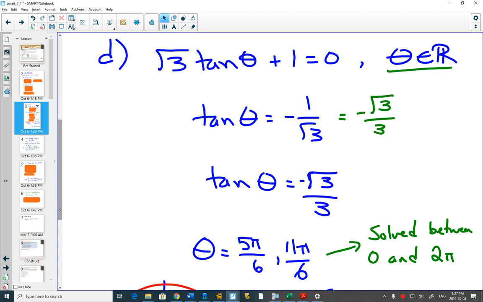So this is also connecting to something that you did earlier in chapter 6, in that, what do we call that when we list all the ones that end in the same place? We're listing all the coterminal angles. How did we do that?